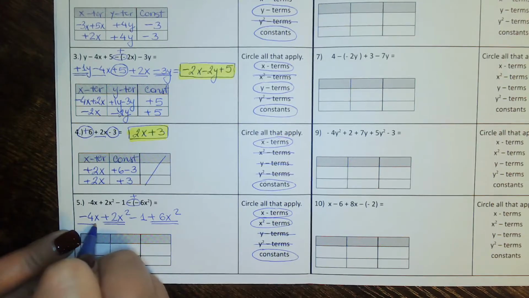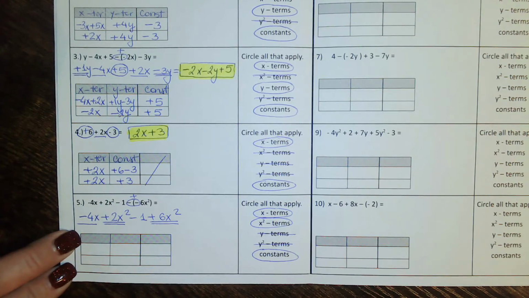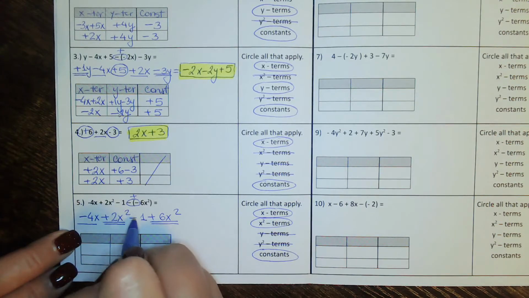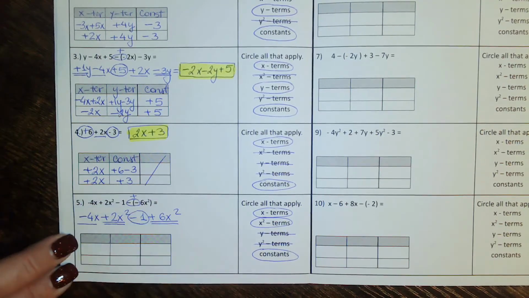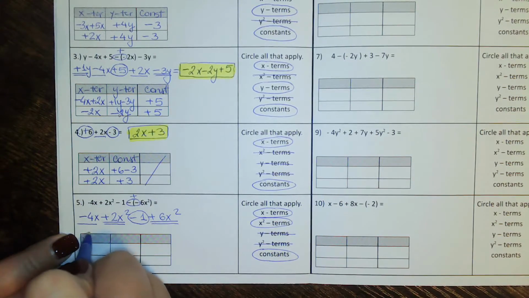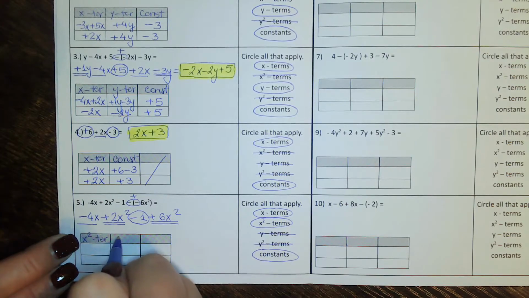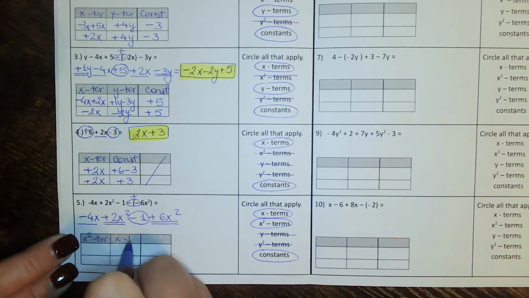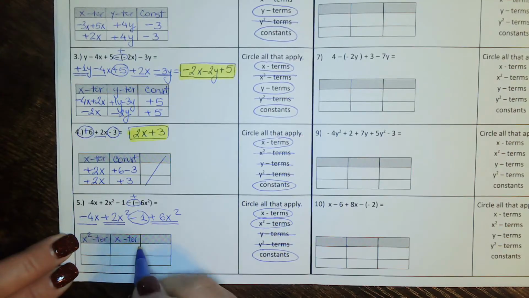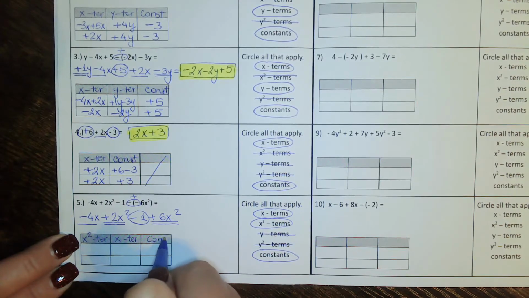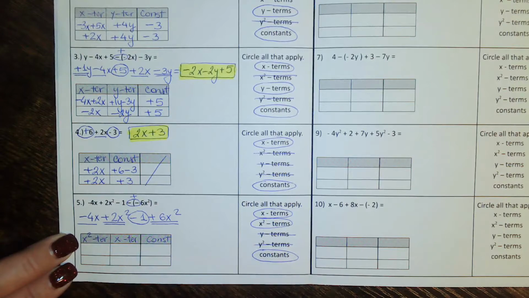Then negative 4x is the lower power, which is a different term from x squared and the constant. So highest power first, the x squared term, then the lower power, the x term, and then the constant. Constants are always at the end.